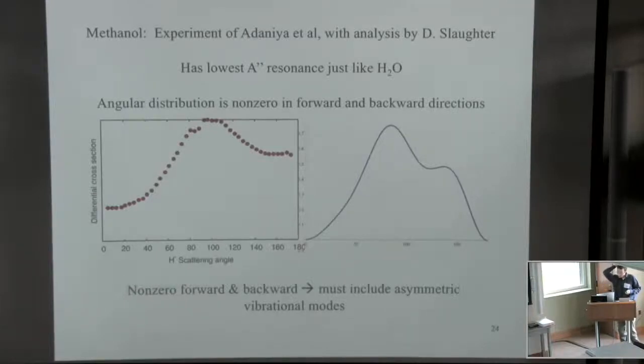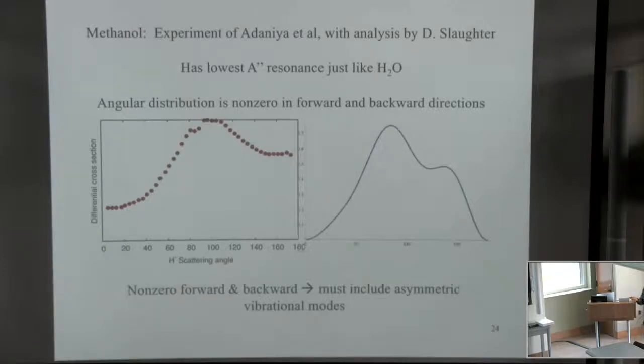Okay, this is going to be short. Here I have recent results on methanol. So methanol has a lowest energy resonance of A double prime symmetry. So I'm using the Cs point group. When I do the axial recoil calculation for that at the equilibrium geometry, I necessarily get zeros at 0 and 180 degrees, in the forward and backwards directions.